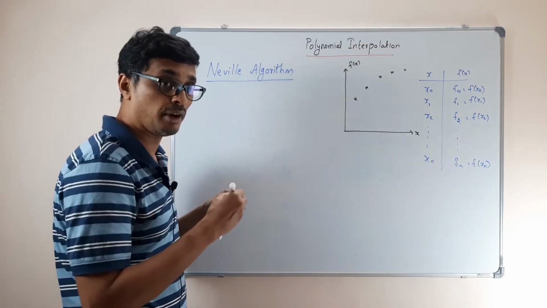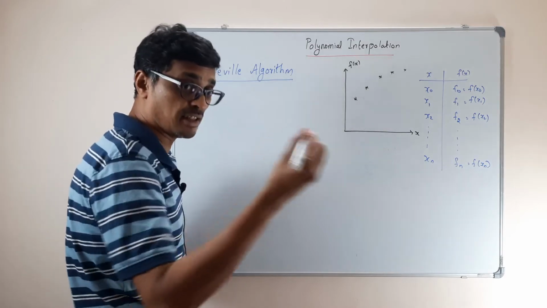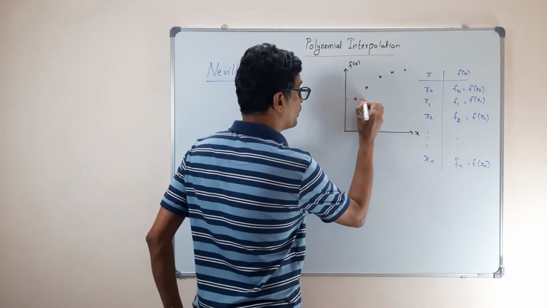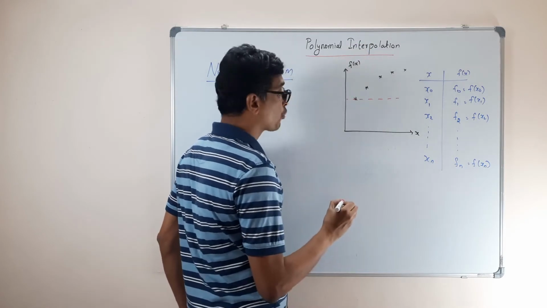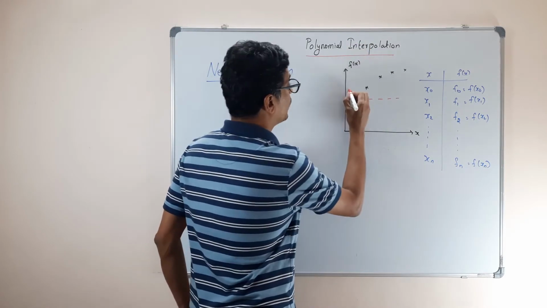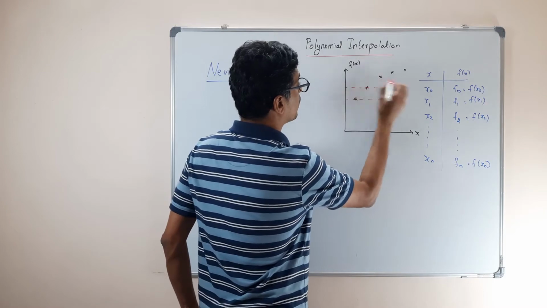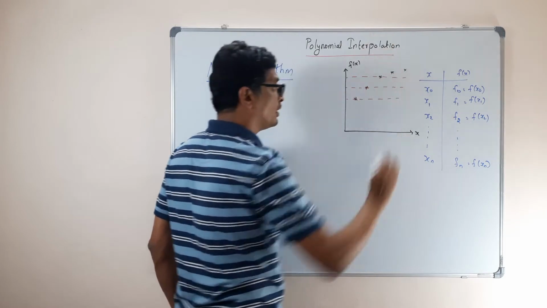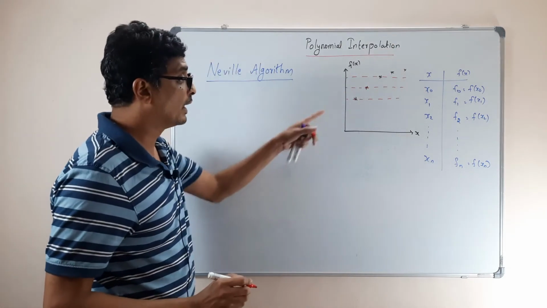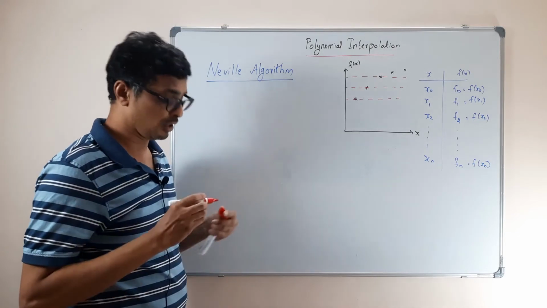It is nothing but a constant line, that is degree 0. Similarly for this point, this will be the polynomial, and you can construct a polynomial of degree 0 which passes through each of the points.